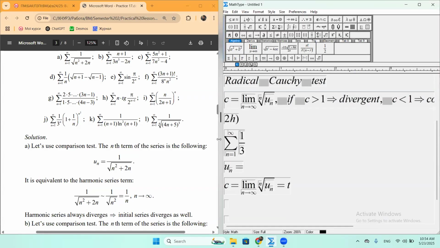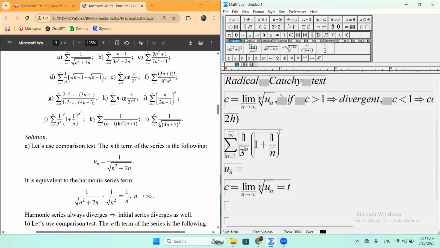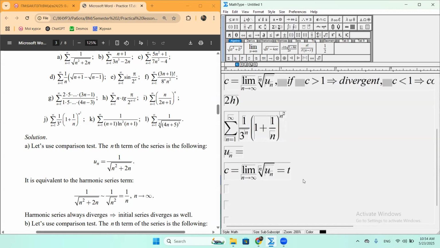So writing down the next series. 1 over 3 in power of n multiplied by 1 plus 1 over n, in power of n square. So here again we will use the radical Cauchy test.